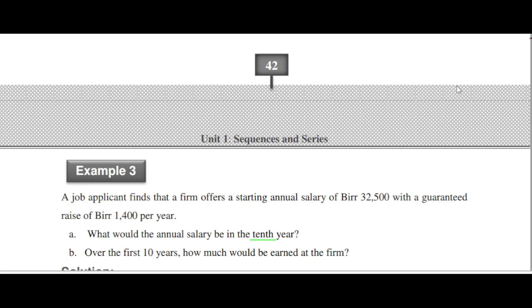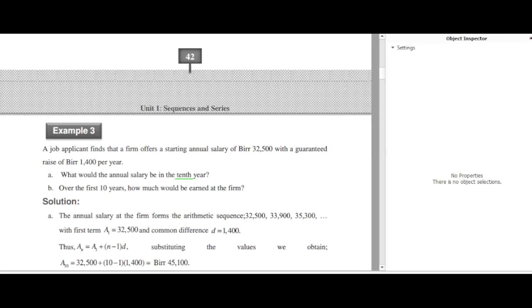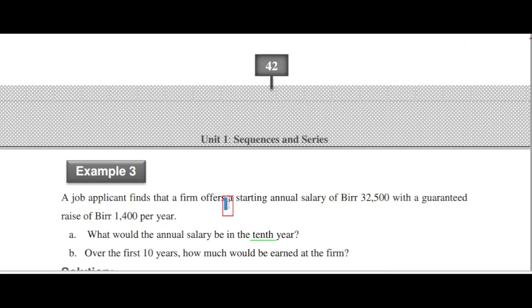Let's list out the given conditions. A1 is equal to 32,500 and common difference d is equal to 1,400.